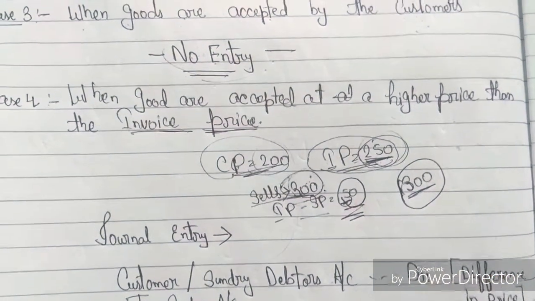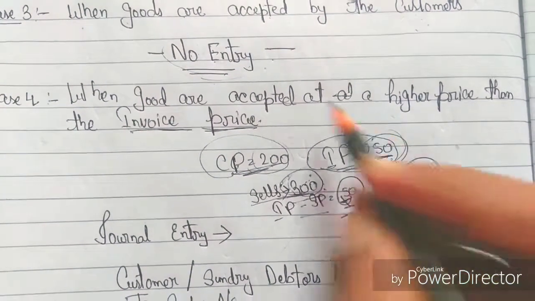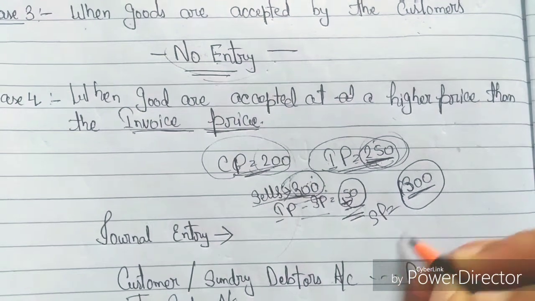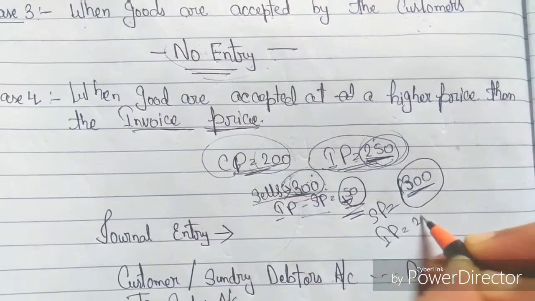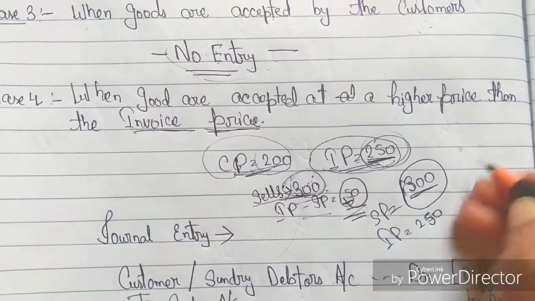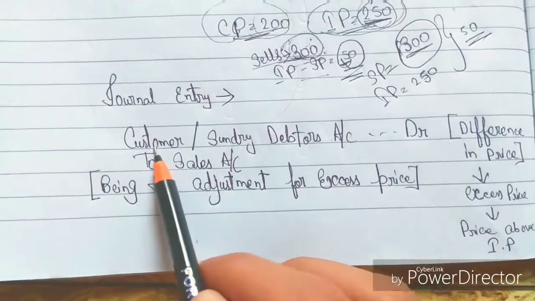And suppose that he accepted the goods at 300, then what happened? The sale price, SP, that is 300, is higher than IP, which is 250. So we have to record one more entry for the difference of 50 rupees. So we are going to pass this entry, customer.